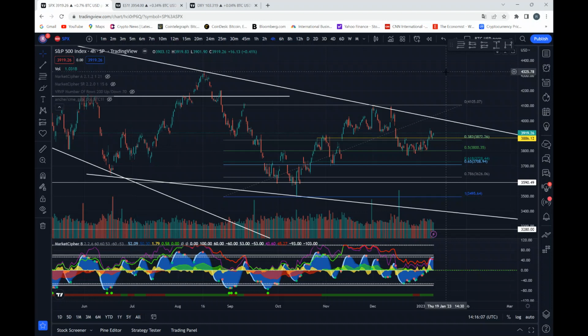Today we are going to have a look at the S&P 500. The reason is that the S&P 500 is the biggest index in the United States and is therefore leading, but it is also very much correlated from time to time to Bitcoin, meaning that they both move at the same time.